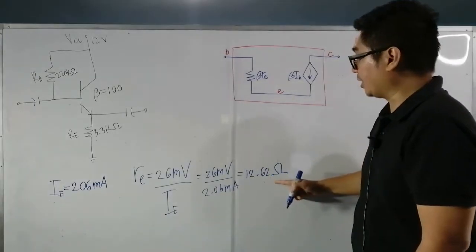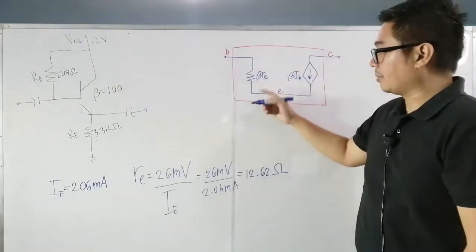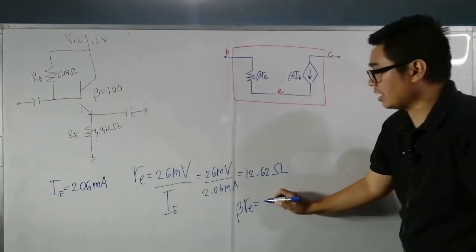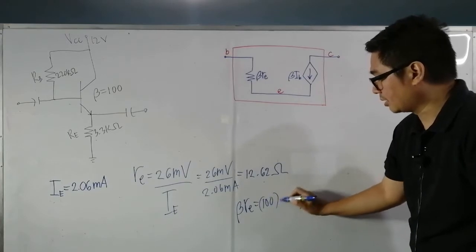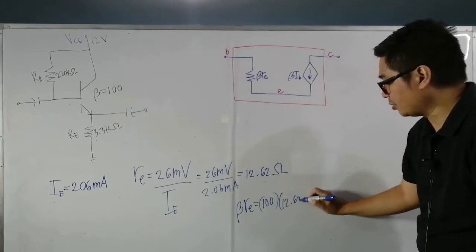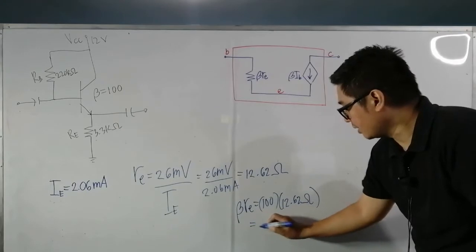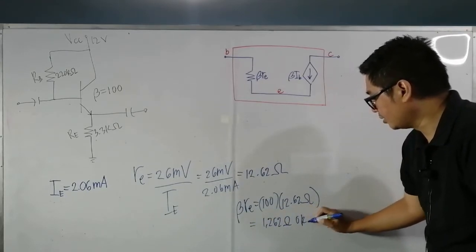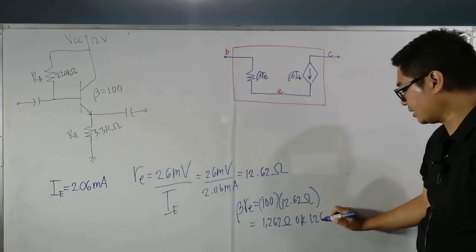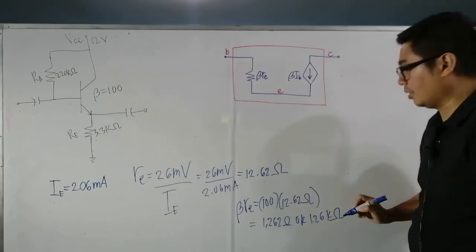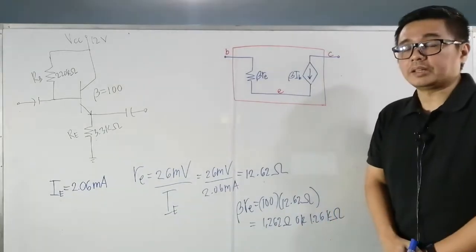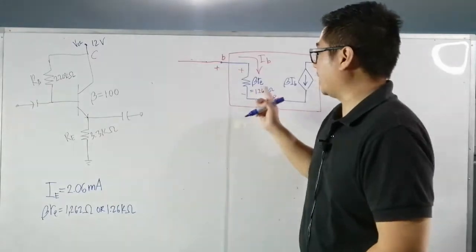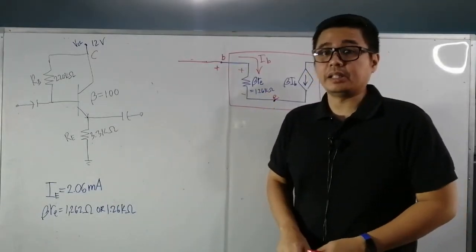And then this is 12.62. Therefore, beta RE is equal to 100 times 12.62 ohms equals 1,262 ohms or 1.26 kilo ohms. So that is the value for beta RE. After getting beta RE, we can write down the value here sa ating R sub E model.